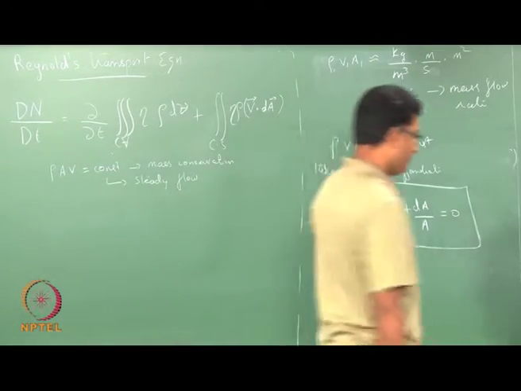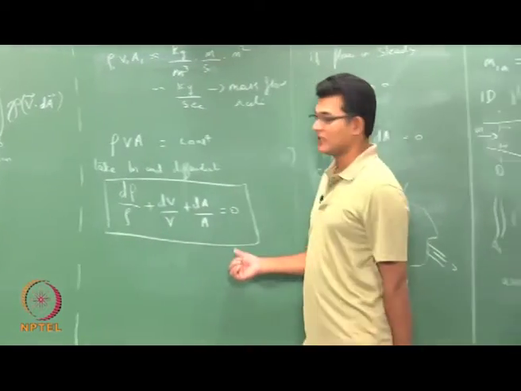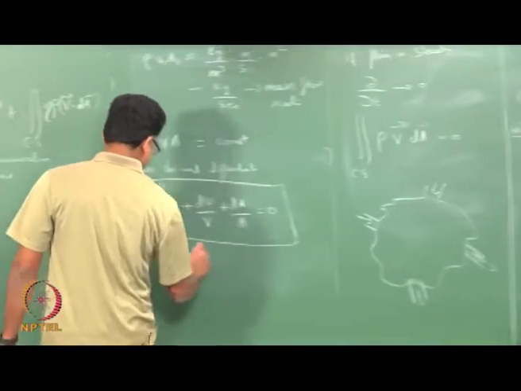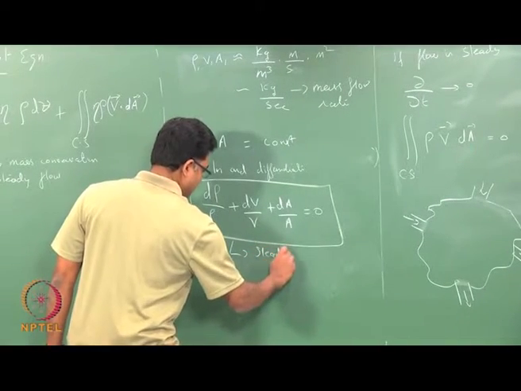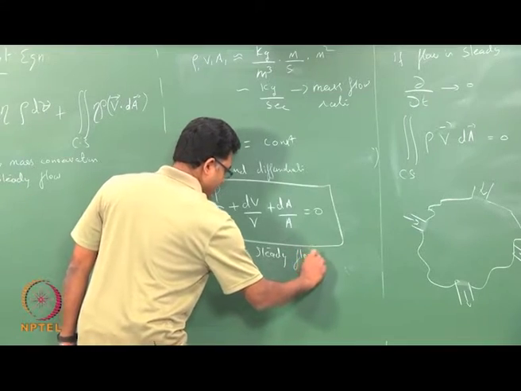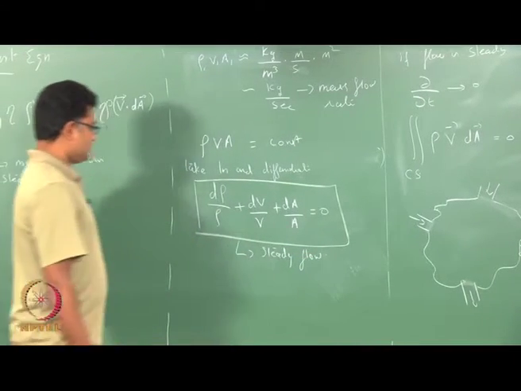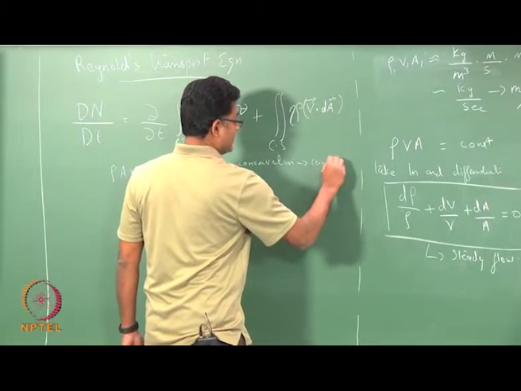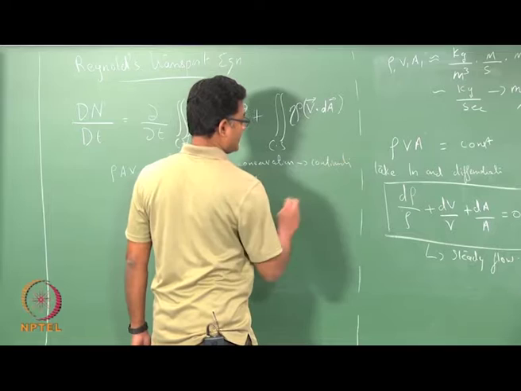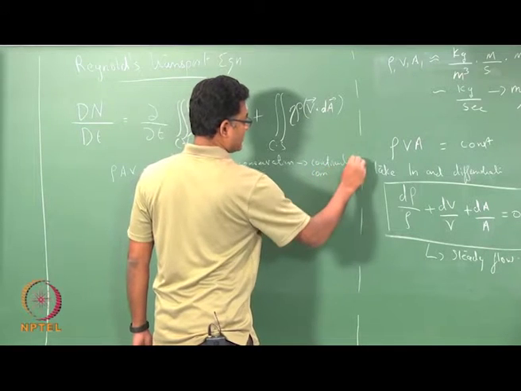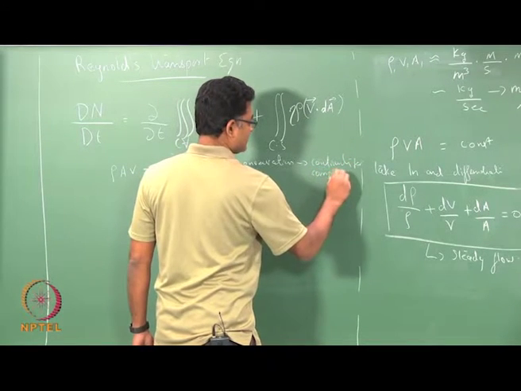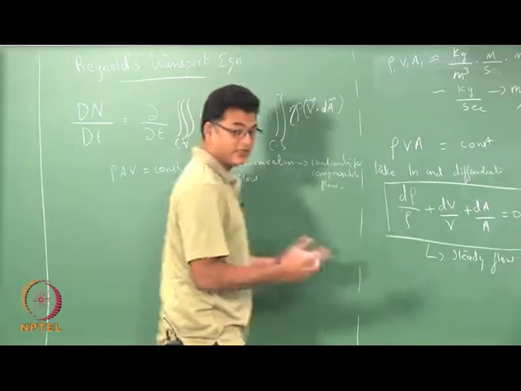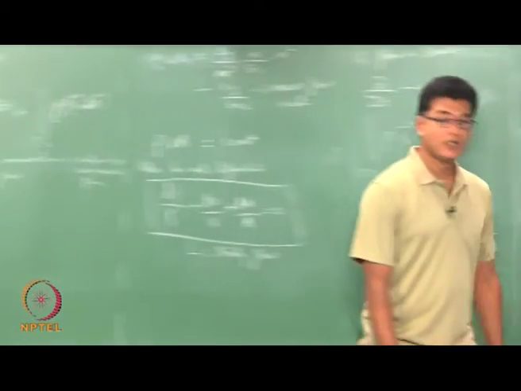This is the differential form of the same equation, which is applicable only for steady flow. Okay. So, this is also called as the continuity equation for the compressible flow. For steady, again remember it is a steady flow.